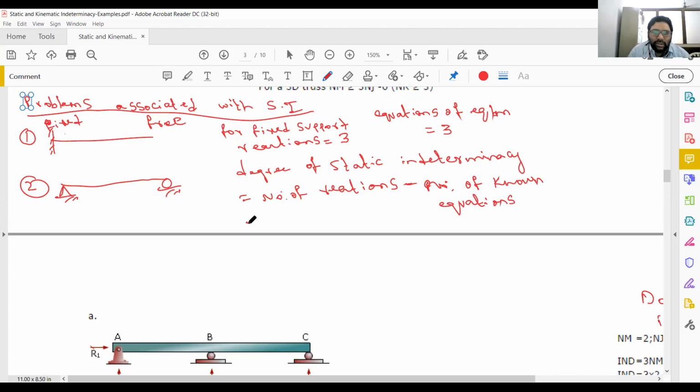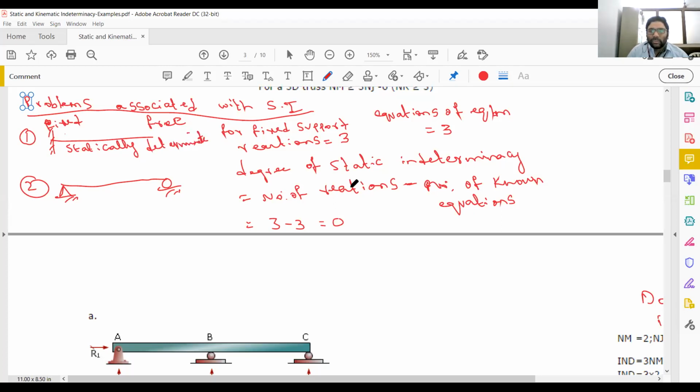So what is the number of reactions in this case? 3. And the number of known equations? 3. So the total will be equal to 0. Therefore, a cantilever is statically determinate.